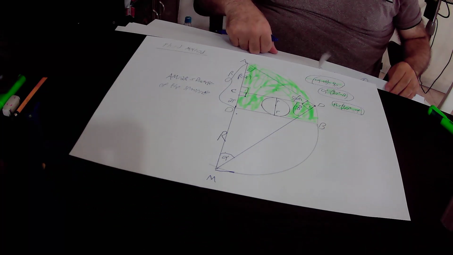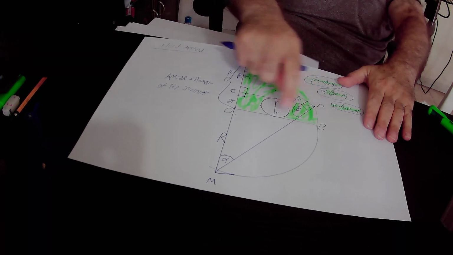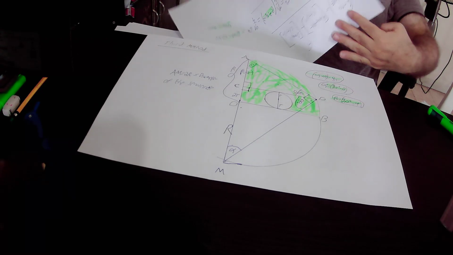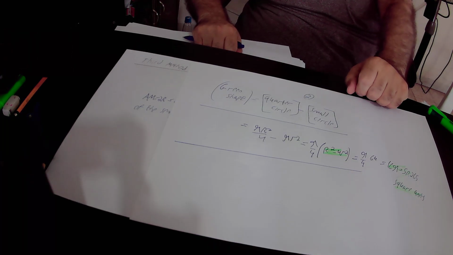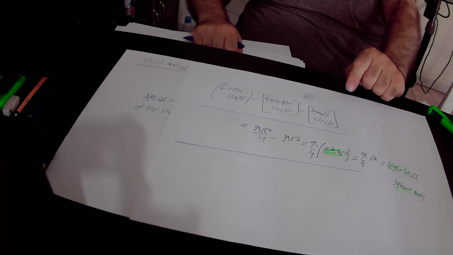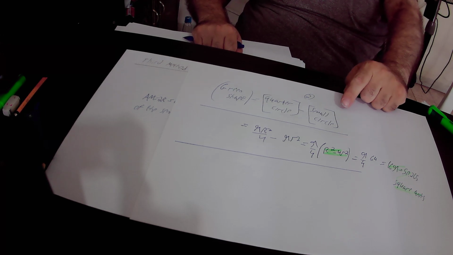And you know that the green area equals the area of the quarter circle minus the area of the small circle. That is to say, the green area equals the area of the quarter circle, that is pi R squared over 4, minus the area of the small circle, that is pi r squared.